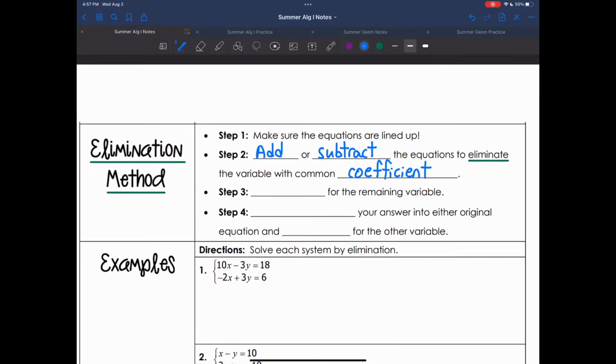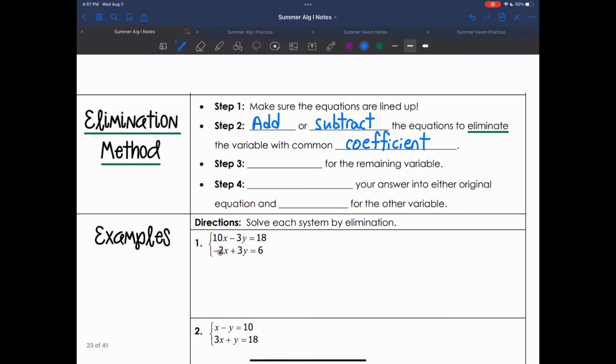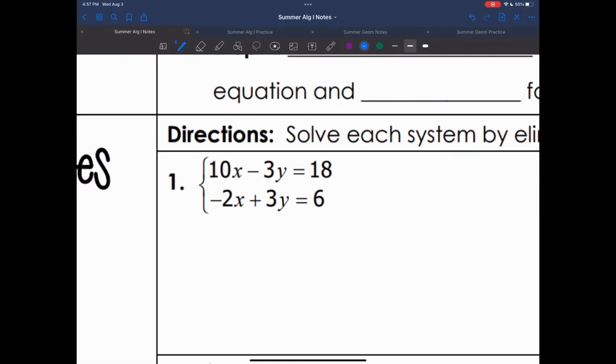Basically, and you may not have realized you can do this, you can take 2 equations and add them together, or you can subtract them, and that's what you're going to decide in step 2, which one is going to be best here.